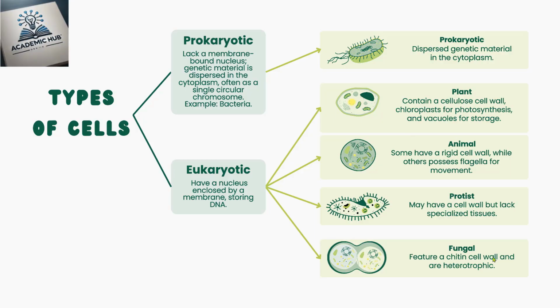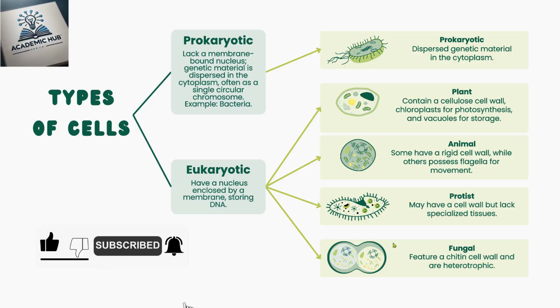Fungal cells are the decomposers of nature. Fungi like mushrooms and molds are made up of fungal cells which have characteristics distinct from plants and animals. Chitin cell wall: unlike plant cells made up of cellulose, fungal cell walls are made up of chitin, the same material found in insect exoskeletons.